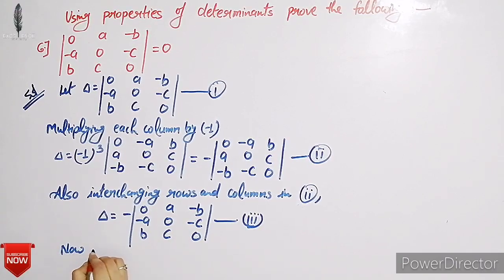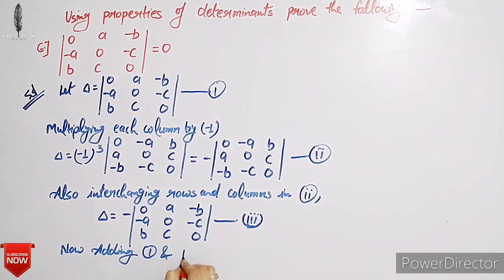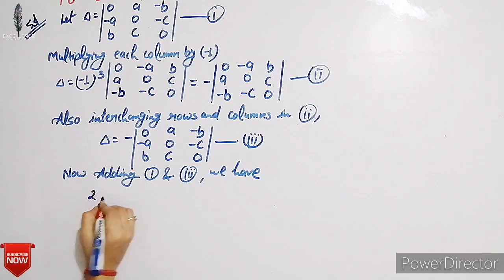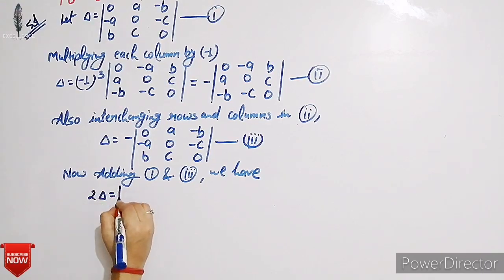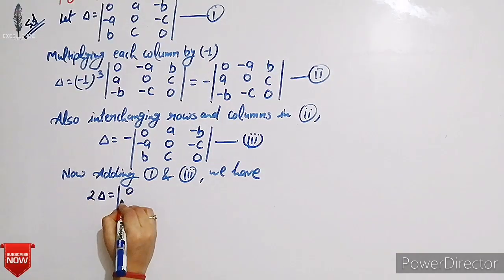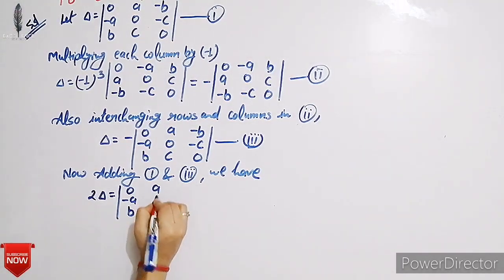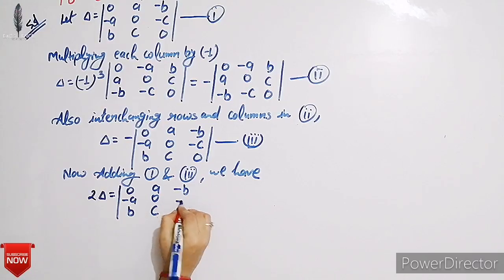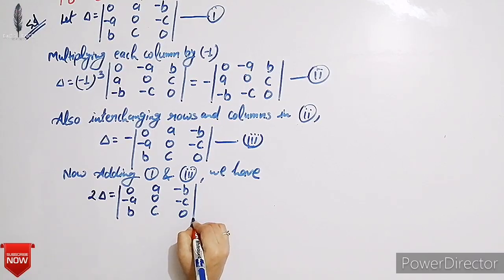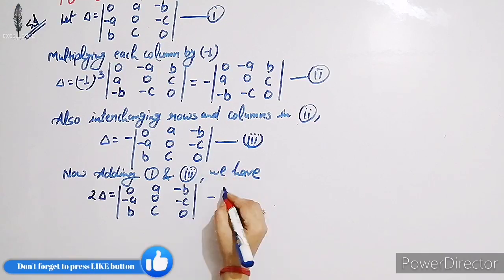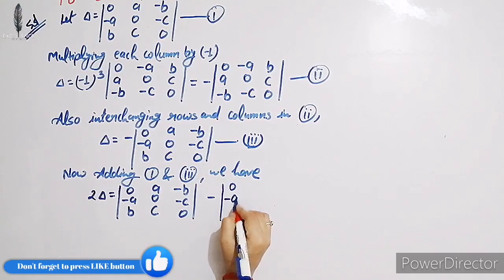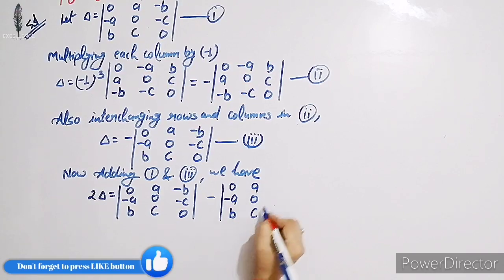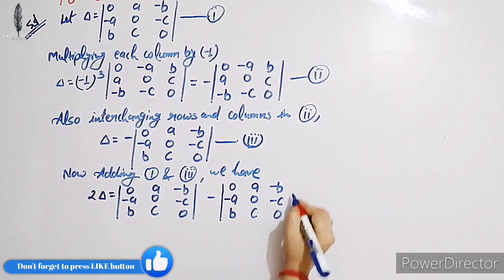Now adding first and third, we have delta plus delta, that is 2 delta, equals to the value of first, that is 0, minus A, 0, C, minus B, minus C, 0, and the value of third, that is minus 0, minus A, 0, C, minus B, minus C, 0.